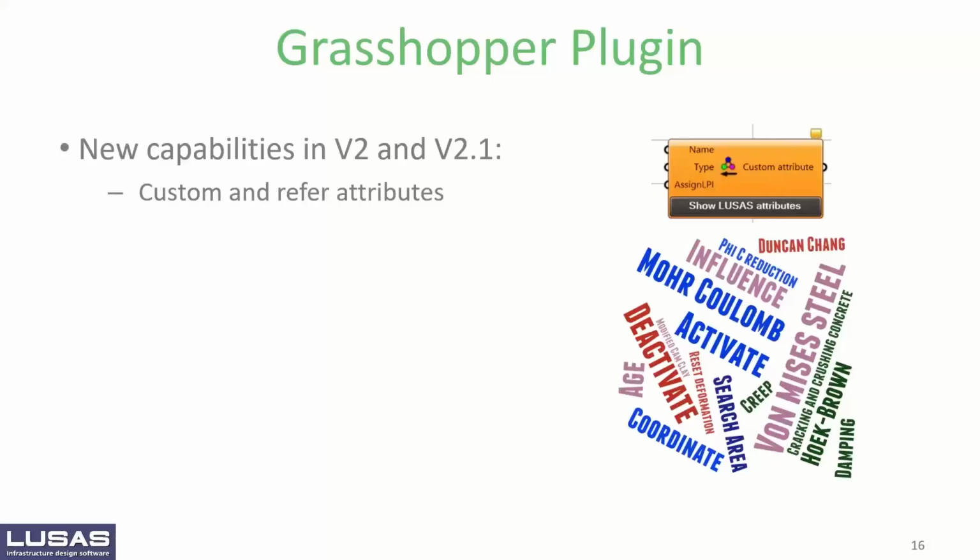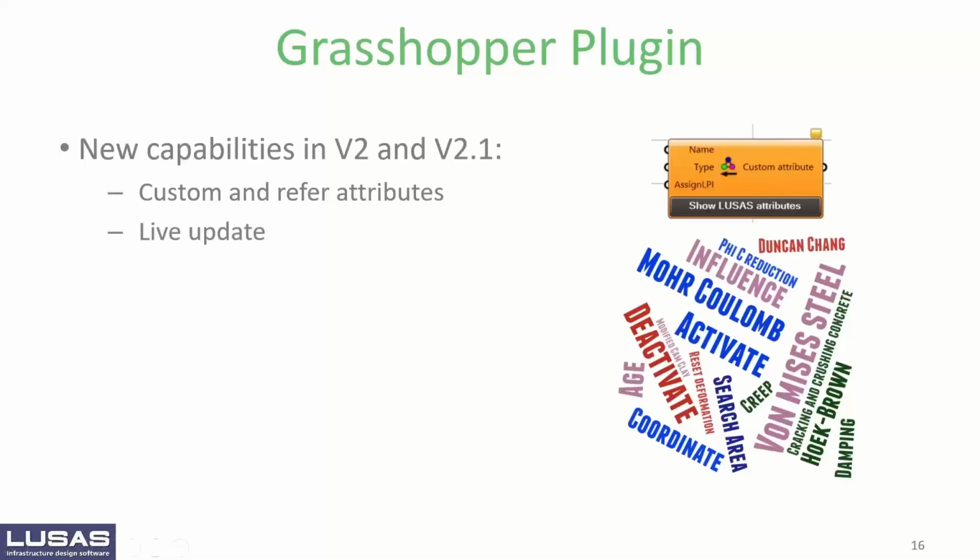So you can see the refer attribute component on the screen there. And again, this will give you access to everything that we haven't currently programmed a direct link in for right now. We will get around to these things in time, of course, but in the meantime, it gives every user the chance to reach every attribute inside LUSAS.